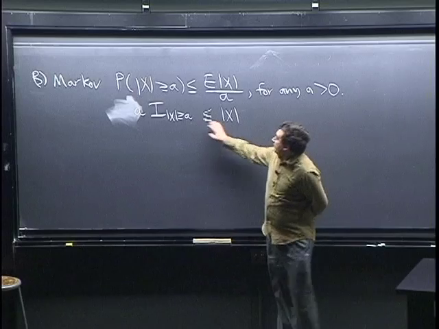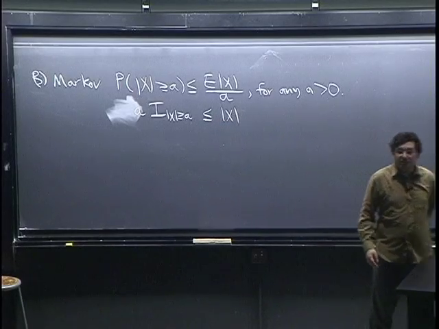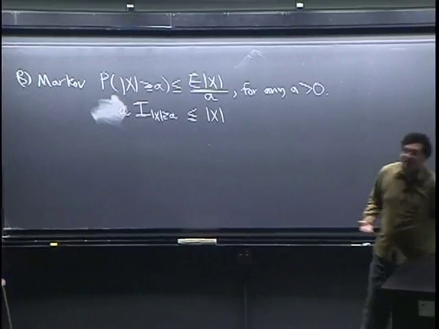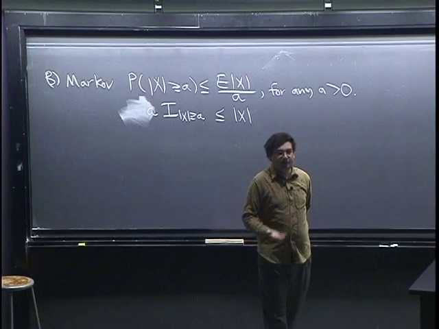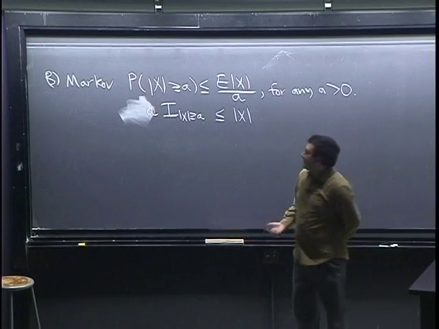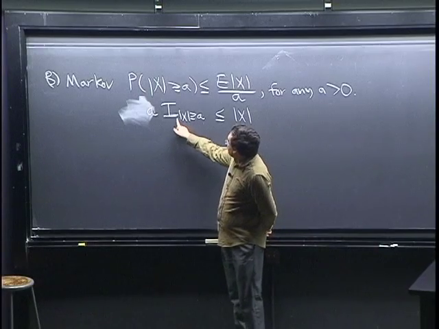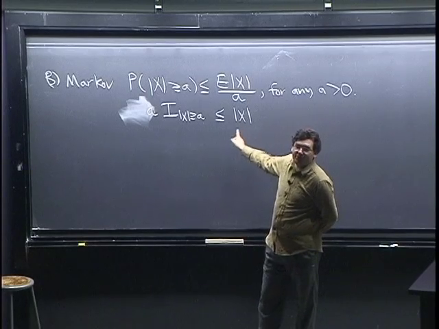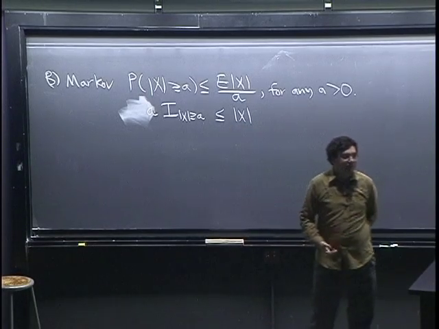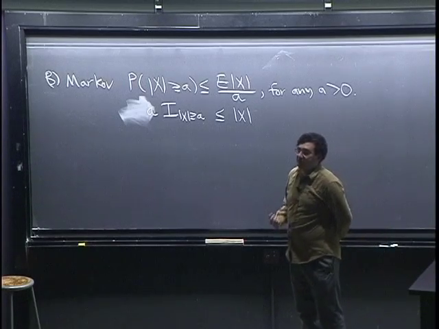I say this inequality is always true because there are only two cases to consider. Anytime you have an indicator random variable, either it's 0 or it's 1. If it's 0, that just says 0 is less than or equal to absolute value of X, so of course that's true. That's one case. The other case is the indicator is 1.